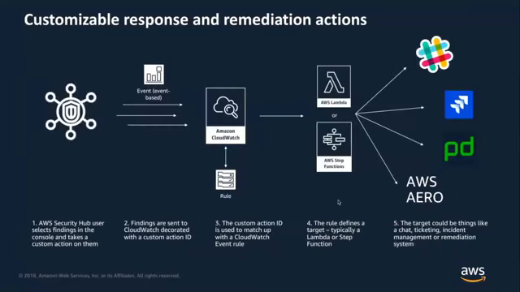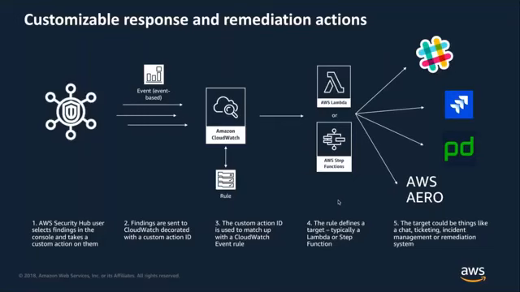All right, next. We are not just a visualization tool. We help you complete that cybersecurity loop, and we help you take response and remediation actions on the resources and the findings that you have deemed to be most important. And we do this all via CloudWatch Events.